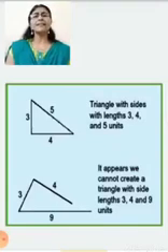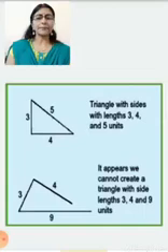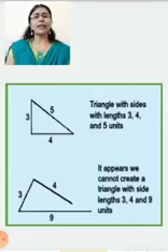And then you write 7 is greater than 5. Then you take 4 and 5. 4 plus 5 is 9. 9 is again greater than 3. And then you take the third combination, 5 plus 3. 5 plus 3 is 8. 8 is again greater than 4. So we can make a triangle out of these 3 sides.